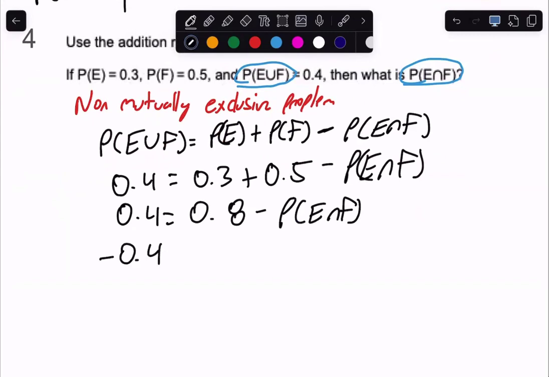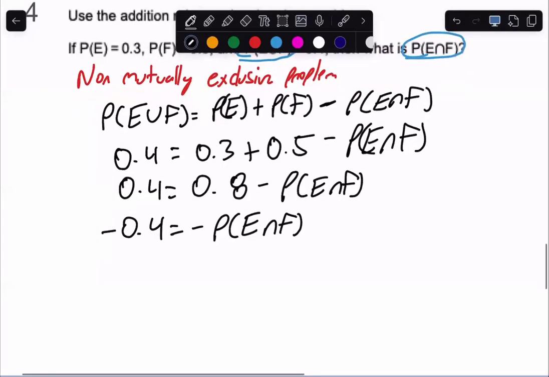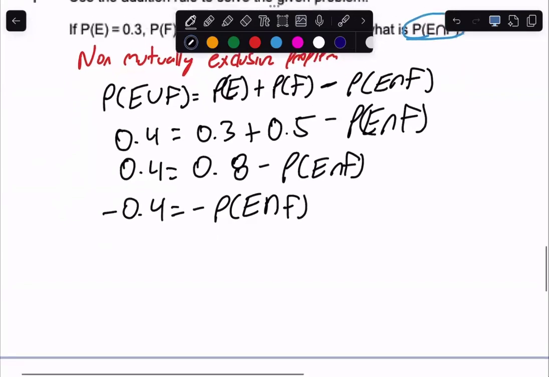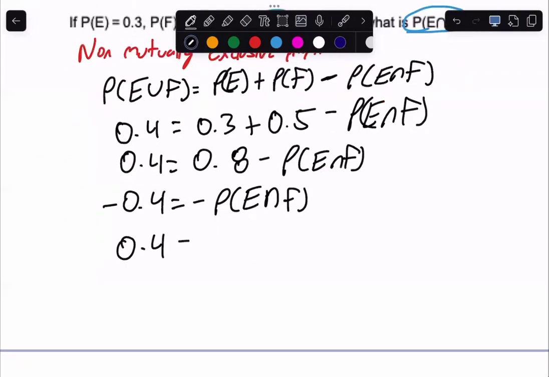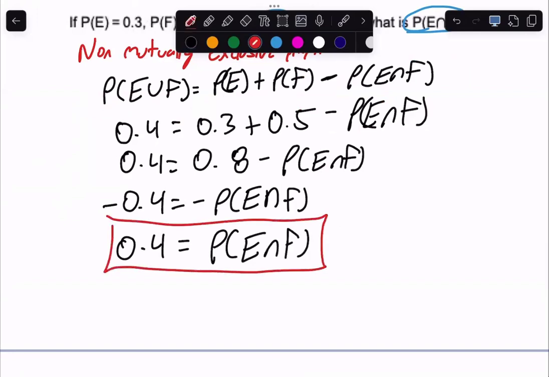Subtract. Divide by negative 1. So this is 0.4 for the probability of E and F. And then that would be the answer.